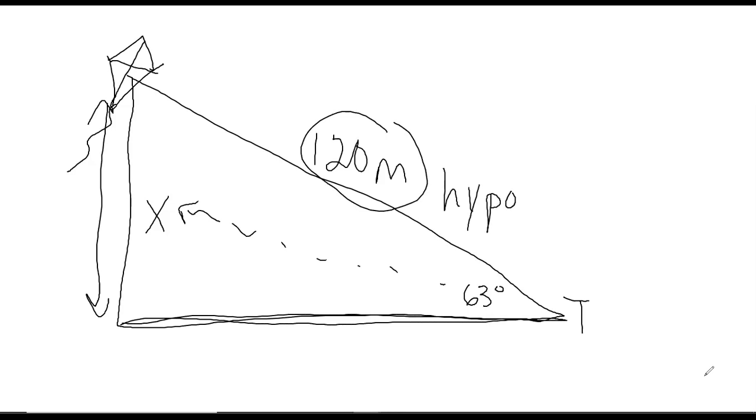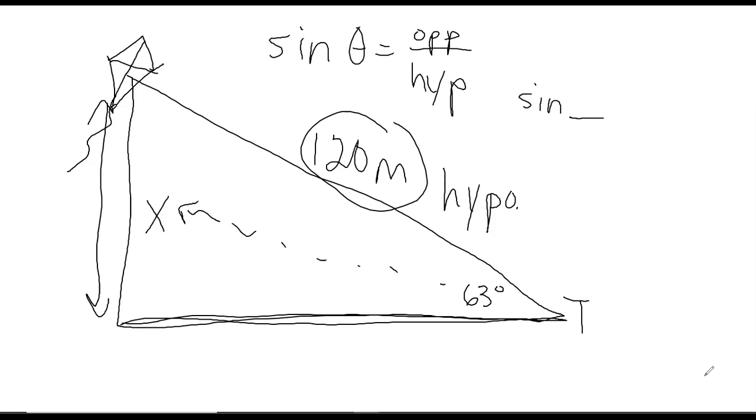And this is where the sine ratio comes in. Sine of theta equals opposite over hypotenuse. If you see a hypotenuse, think sine. So here we've got the sine of our angle, and that's in degrees. When you see degrees, that's what goes in the sine.